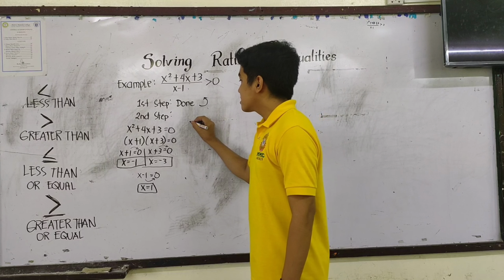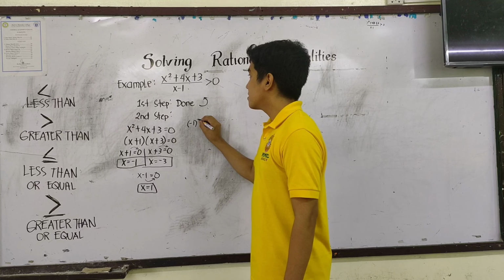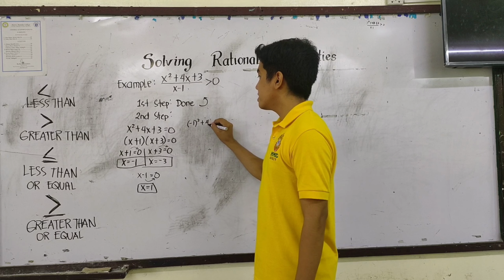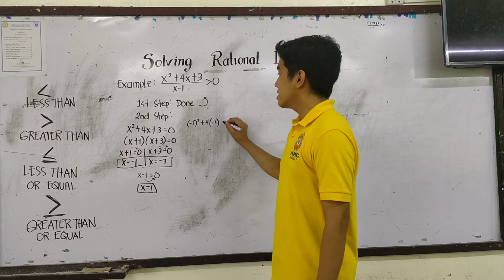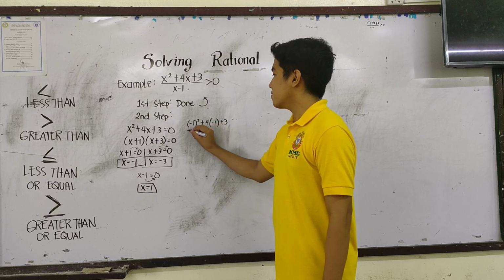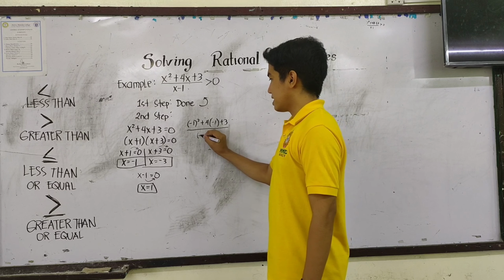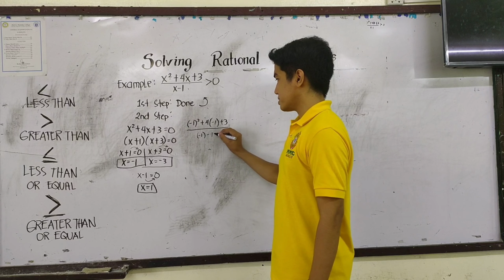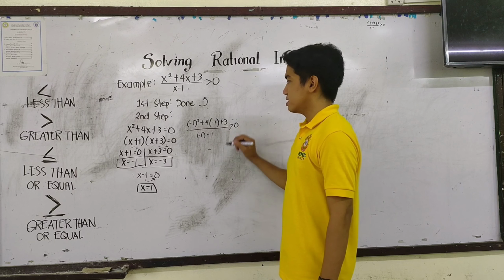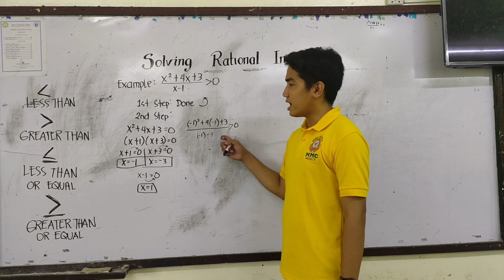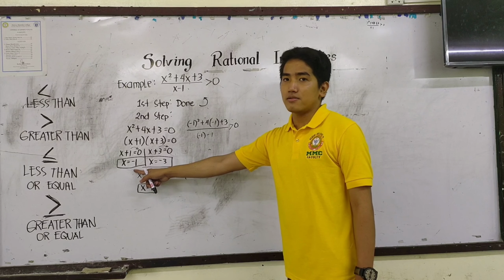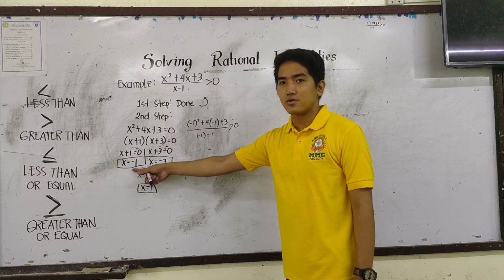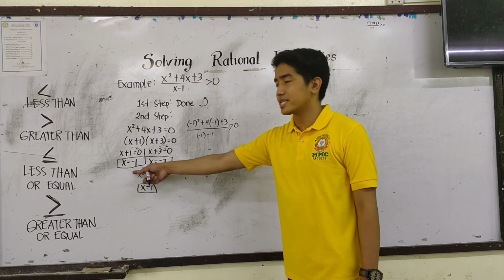So, we have negative 1 squared plus 4 multiplied by negative 1 plus 3 all over negative 1 minus 1 is greater than or equal to 0. So, ito po yung ating negative 1. Check natin kung part ba siya ng solution or hindi.